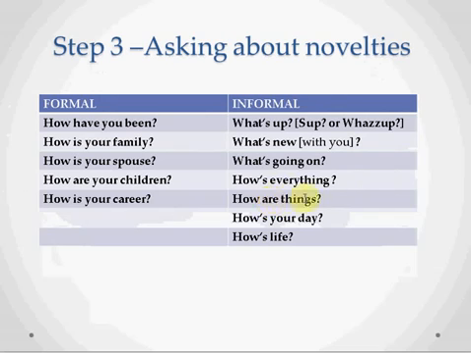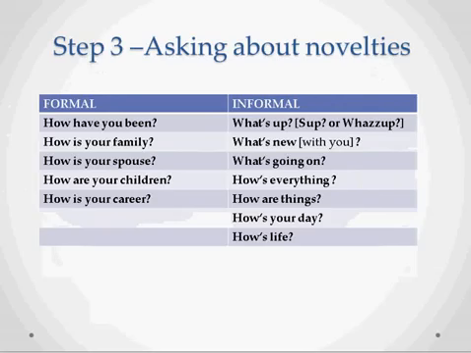You can say how's your day if you want to know about the person's day, if the person is having a nice day, a good day, or a bad day, for example. You could ask also the question, how's your life? In general. How's your life?